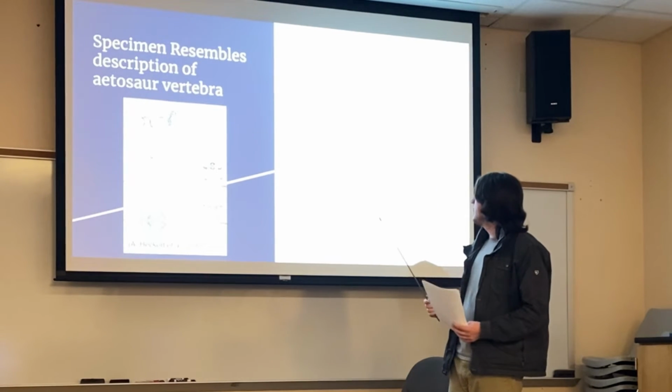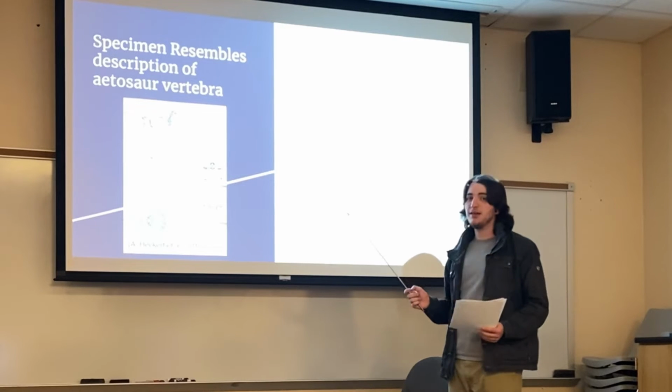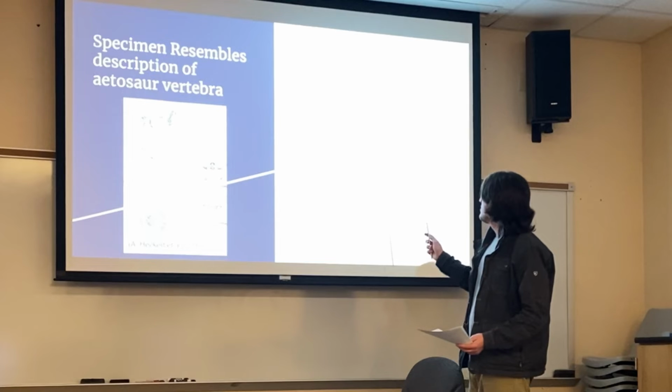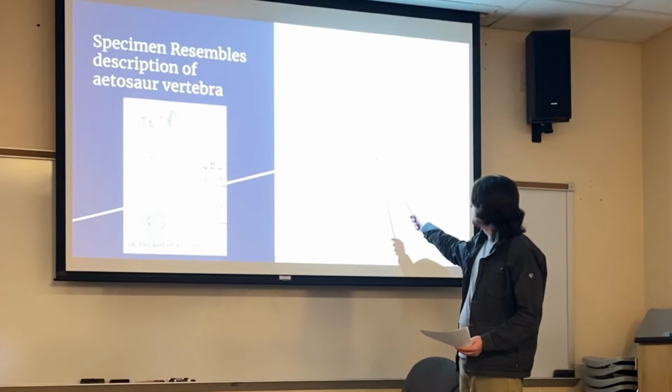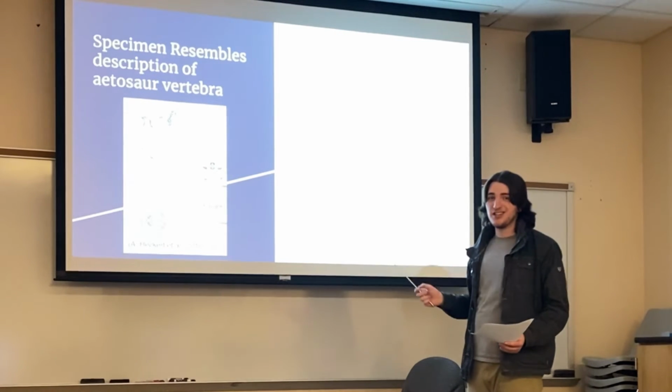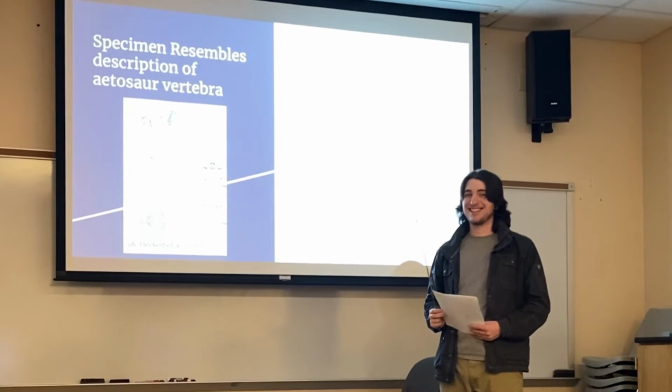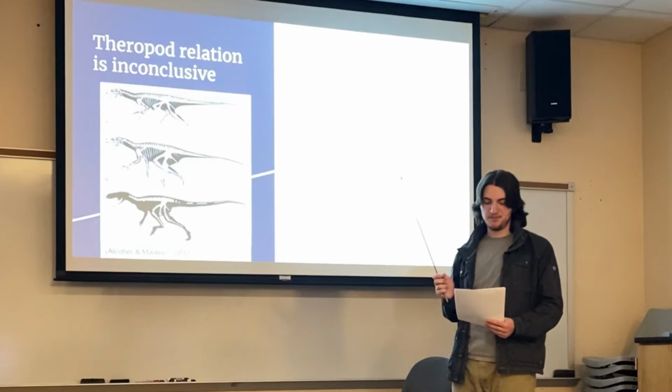Now this is very close to the measurement of our specimen. However, this specimen is proximal, whereas our vertebra is undetermined. Despite this, I feel that the evidence is weak to suggest this is an Adasaur specimen.